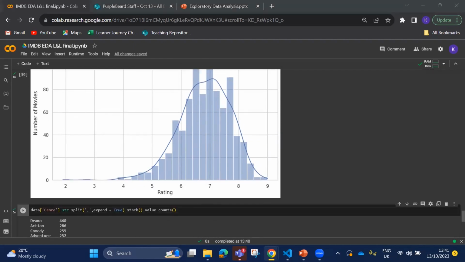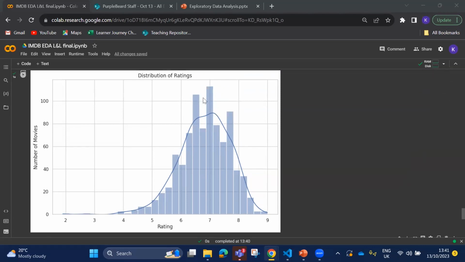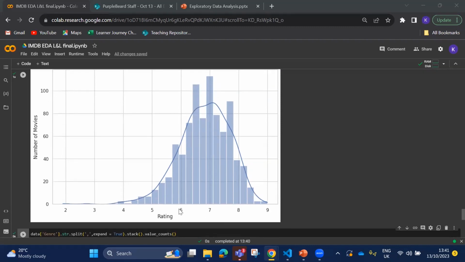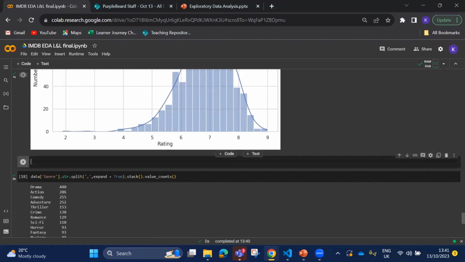So that is what we can understand from this data, the distribution of movie ratings, and via the KD as well, it is slightly skewed to the right. KD is nothing but a smoothened plot using this histogram that we see over here. The full form of it is kernel density estimation, and we can see that most of the movies are rated between 6 to around 8 or something. So that is an observation that we found on this.